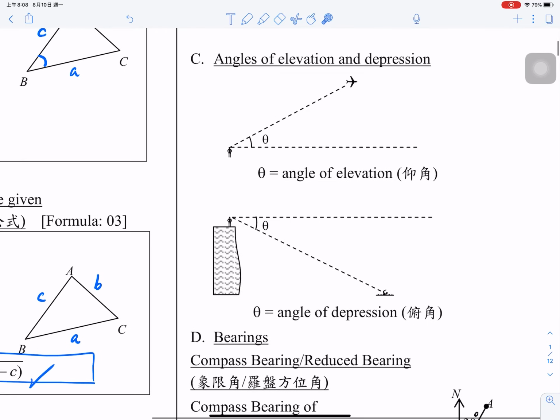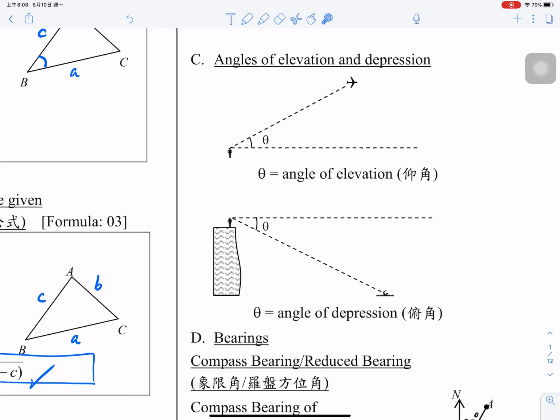How about C? Angles of elevation and depression. If a man stands here, he will have a horizontal level. If you look up in the sky, then this angle we say is the angle of elevation.